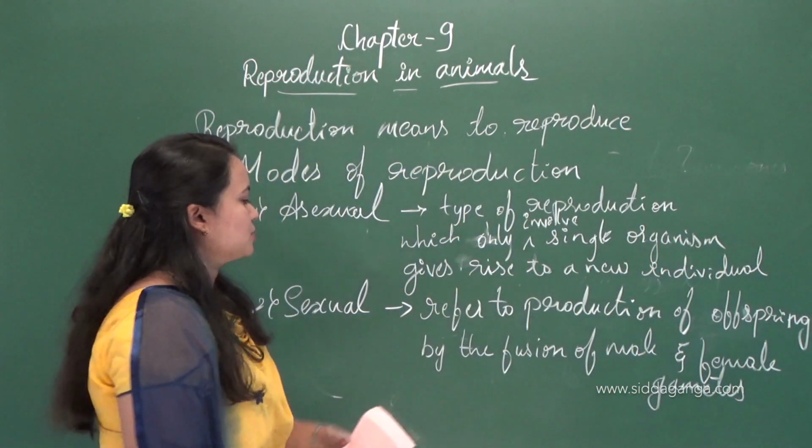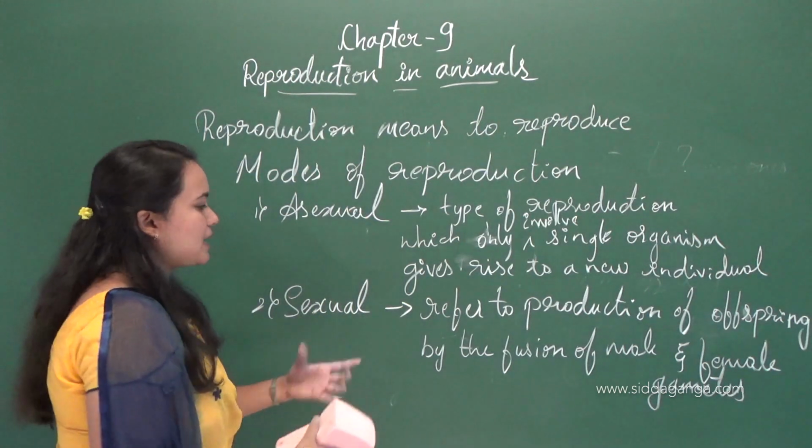So this is the definition of asexual reproduction and sexual reproduction.